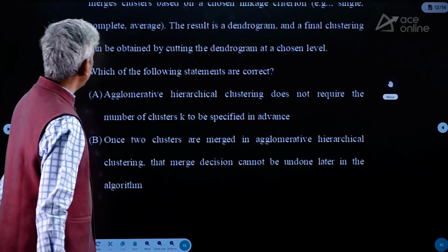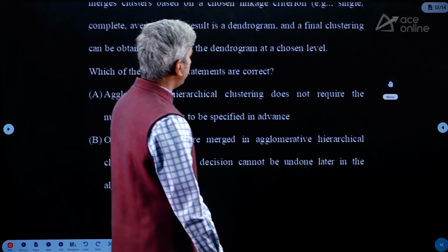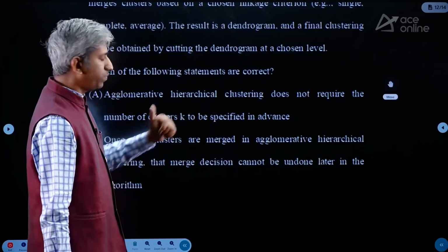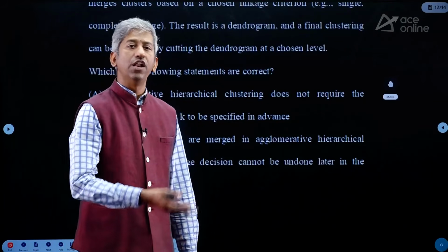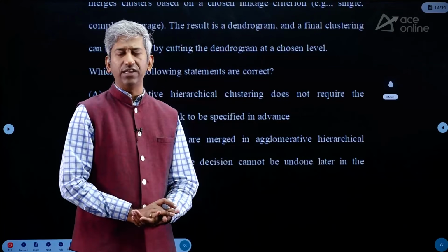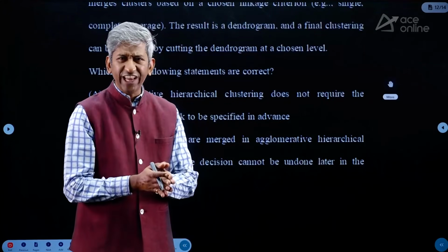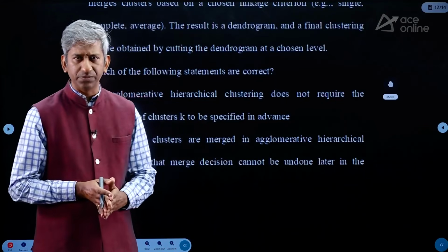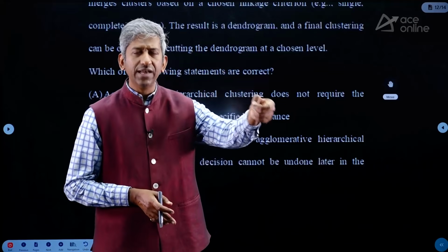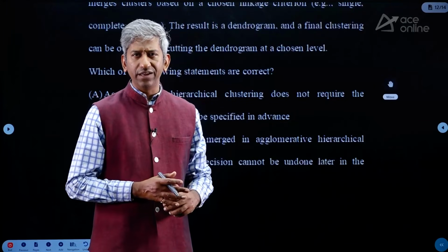Now, in option A, agglomerative hierarchical clustering does not require the number of clusters k to be specified in advance. Not only agglomerative, even in divisive also, the k value is not required. Only in k-means and k-medoid algorithms, the k value is to be specified a priori.